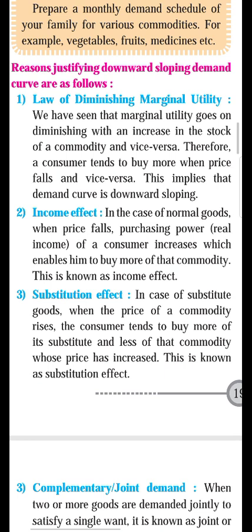Okay, second reason, income effect. Income effect means what? Different people have different grades of income. Some people have more income, some people have less income. So in the case of normal goods, when the price falls, the purchasing power of the consumer increases, which enables them to buy more and more of that commodity. It is called the income effect.